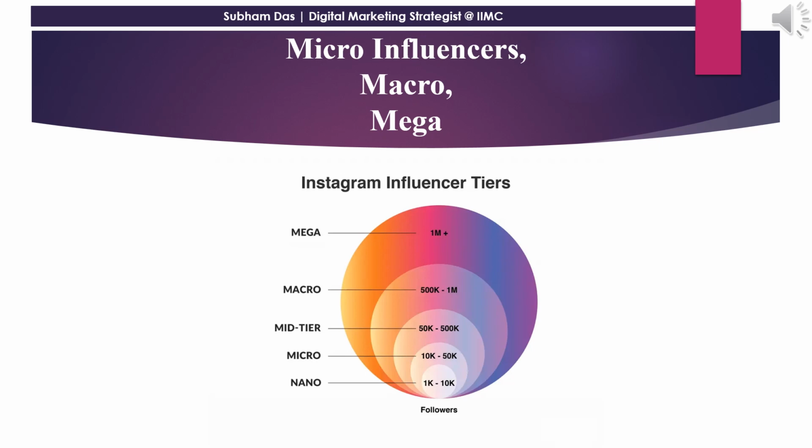These are the various types of influencers based on the number of followers they have on Instagram. These are the tiers of influence, the various types of influencers that you find on Instagram.